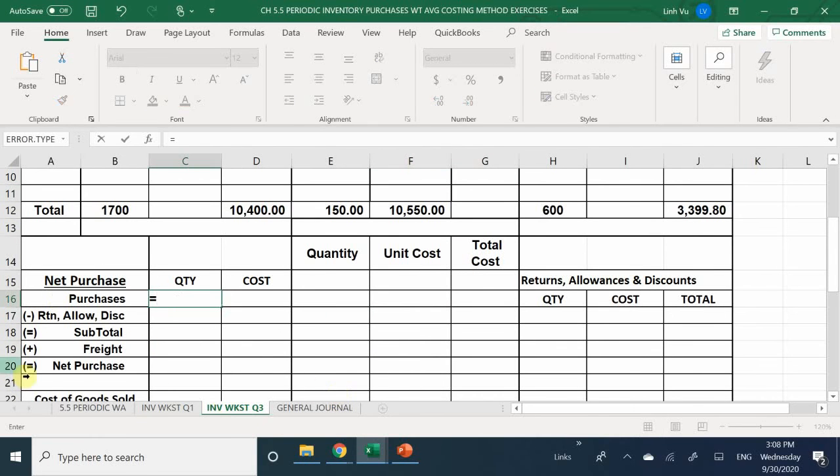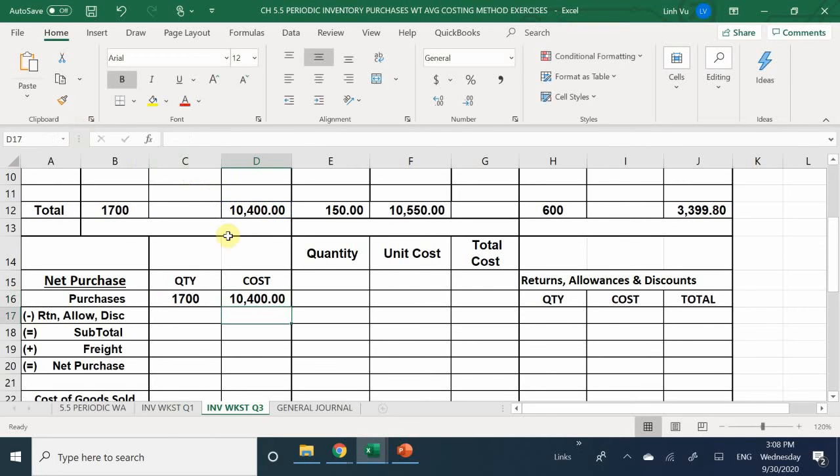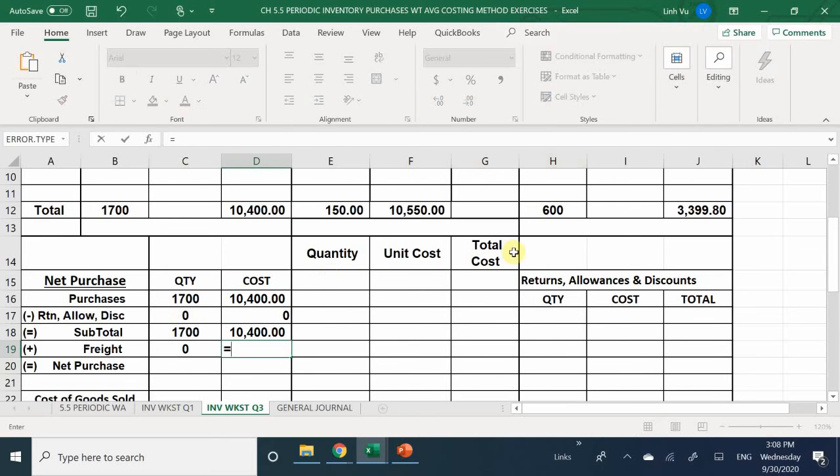My total quantity was 1,700, and my purchases were $10,400. We have no returns or allowances, so that has not changed. Freight was $150, giving me a grand total of $10,550.